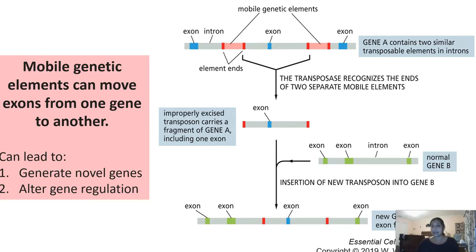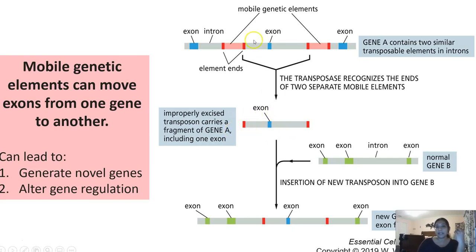Now, this can insert itself two different ways. It can insert itself into gene A the way that it did before, or into another intronic sequence. But now there's a problem. This fragment is not just transposable element.